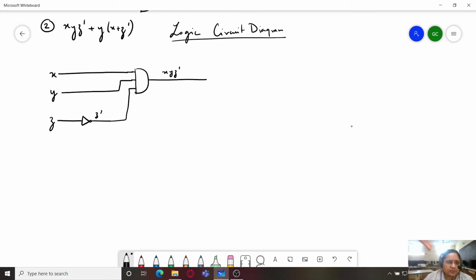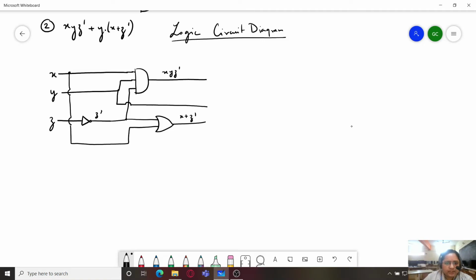Then we have x plus z dash. So first we will again extend this wire over here, and z dash can already be taken from this end. So this, and there is an OR gate in between the two. So that OR gate will be taken this way and we get x plus z dash over here. And we also want to attach y using an AND gate in between. So y can be taken from here. Loop it around this wire.